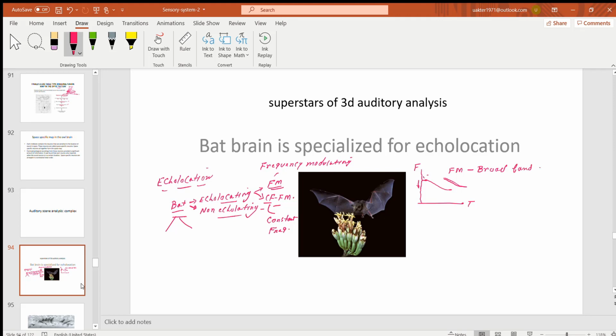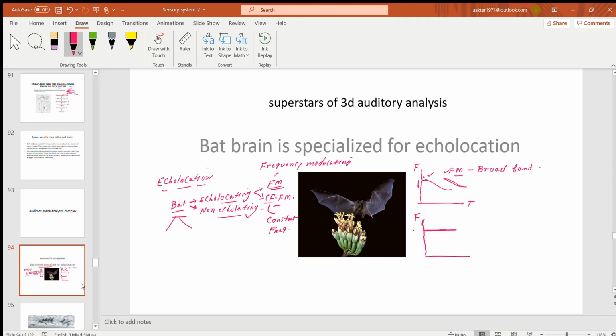Broadband. Some bats produce calls that are FM or broadband calls, and constant frequency means the frequency doesn't change over time. So this is fixed, constant. You see the frequency is not changing.